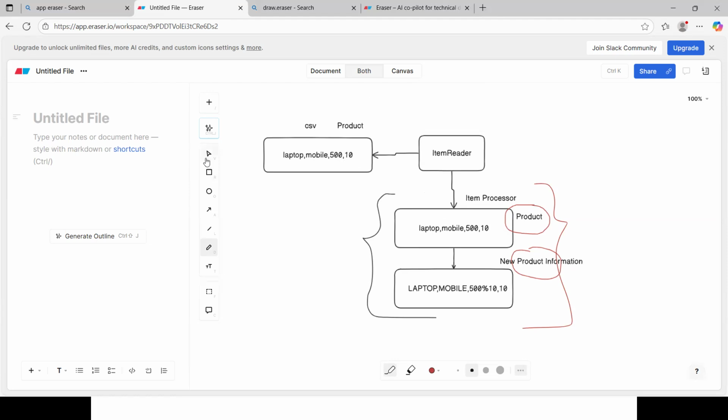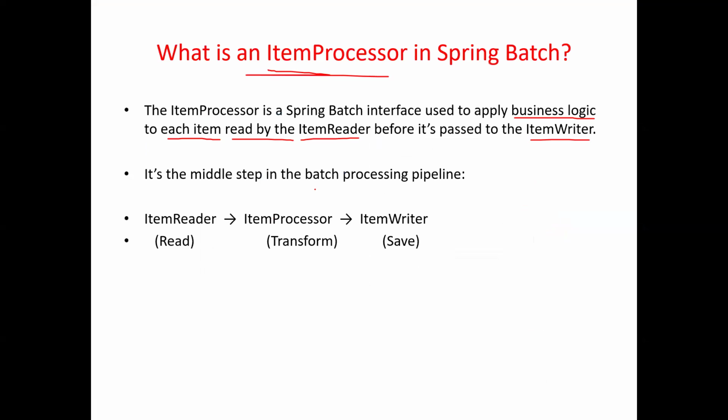Suppose you got some other data where you received 10 here but 0 here. As part of processing, if the stock is not available, I mean the quantity is less than or equal to 0, I will discard that particular product. That is about your item processor.